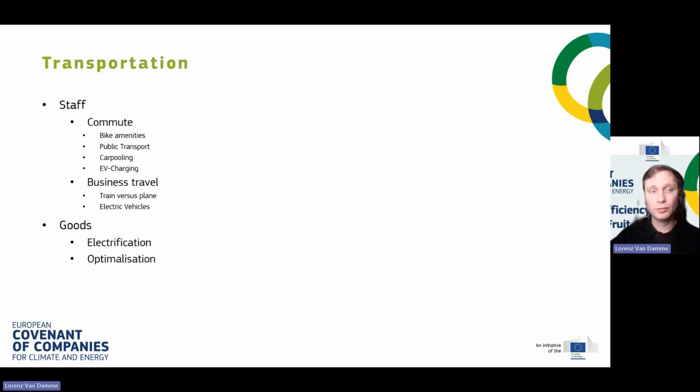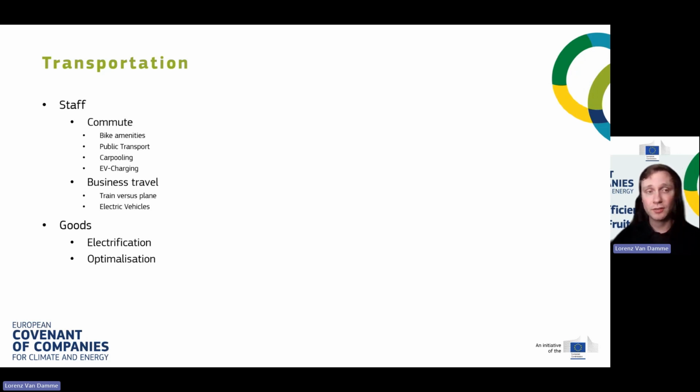A second option to greenify your commute emissions or the commute emissions of your staff is to also provide EV charging. That way you can entice your staff to switch to electric vehicles because it will be easier for them to own one. If they, for example, live in an apartment, they cannot charge at home.